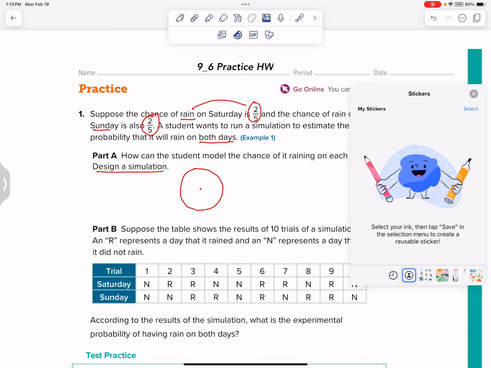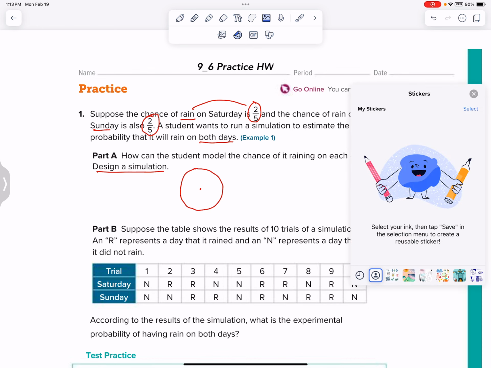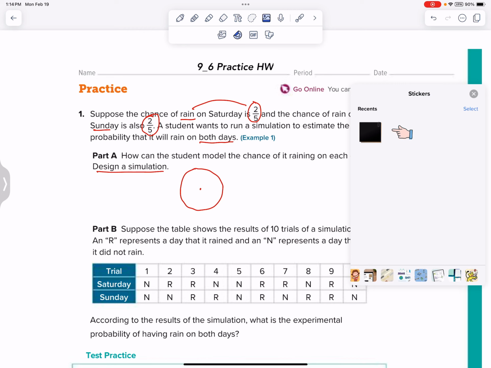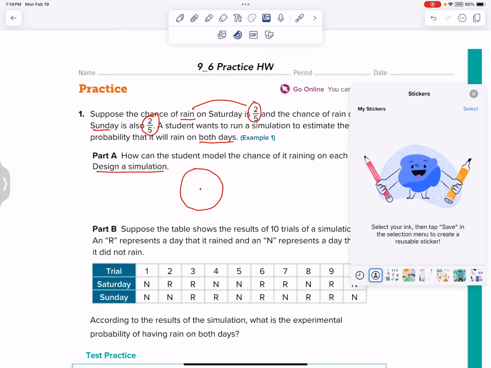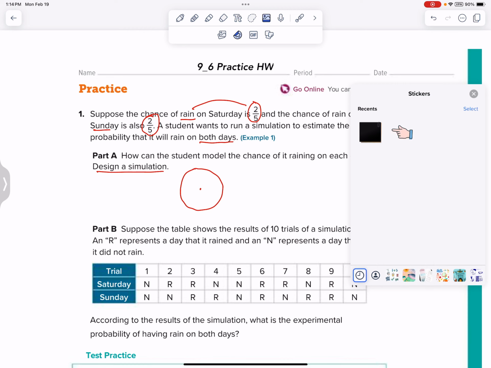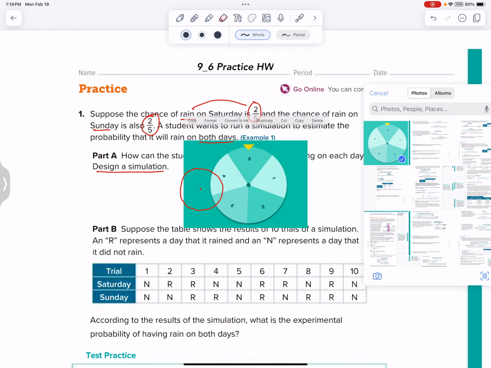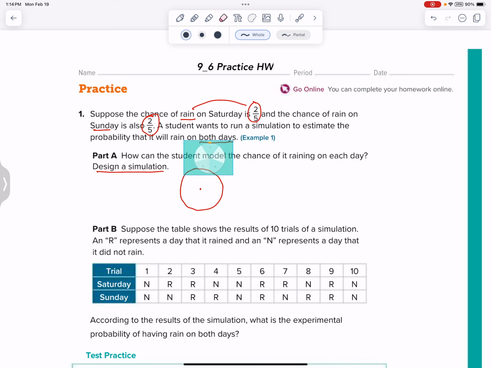Where is my gallery? I don't want stickers, I want the actual gallery. Why is it only on stickers? Oh, there we go. Sorry. All right, this and done. Okay, so we'll take that.